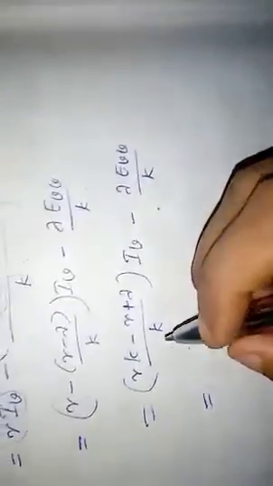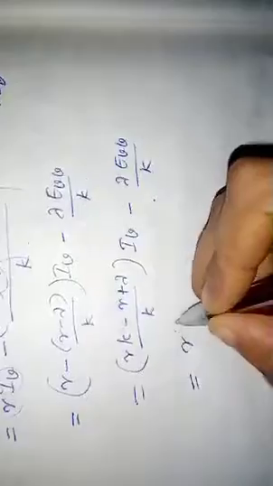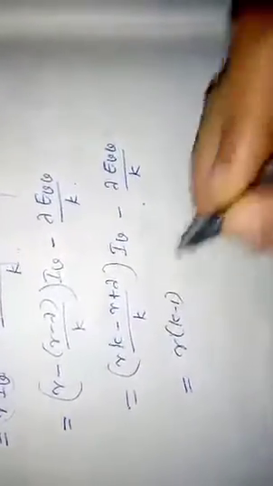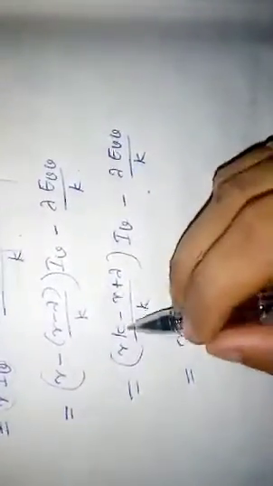which is equal to here rK minus r, then we can write this term as r into (K minus 1), this term rK minus r equal to r into (K minus 1), right?